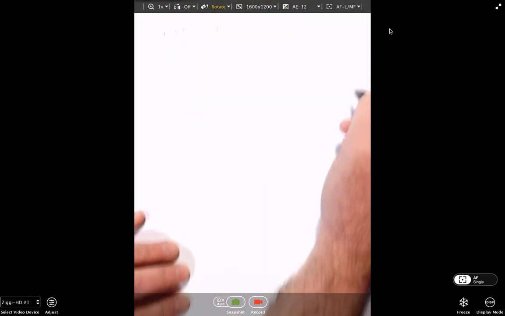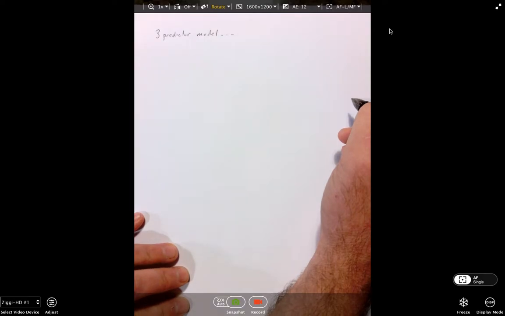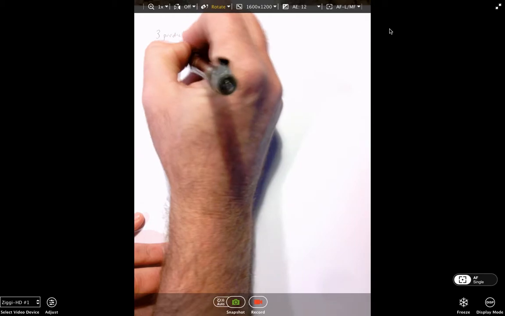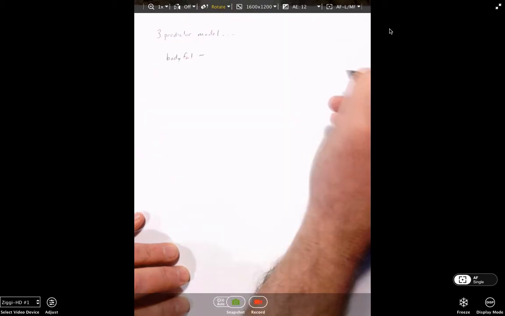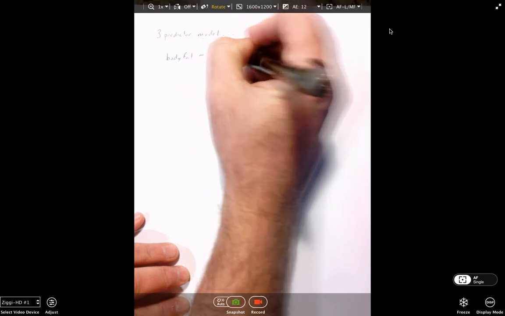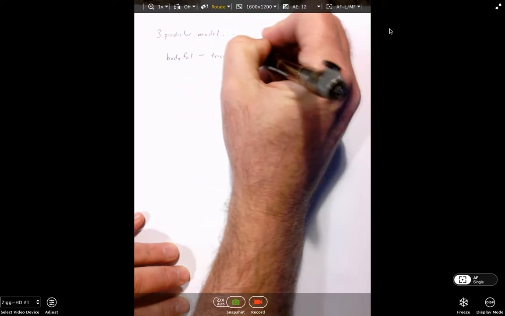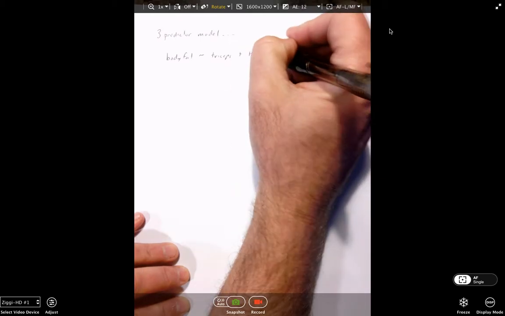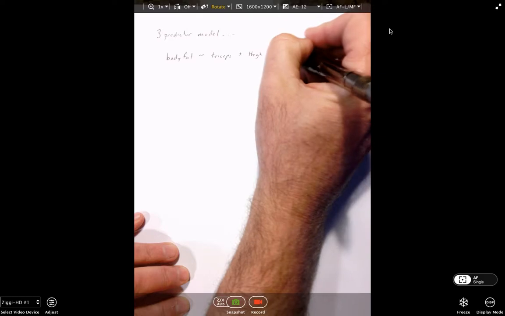In this model, I'd like to go back to the body fat data and predict body fat in terms of the triceps measure plus the thigh measure plus the mid-arm measure.